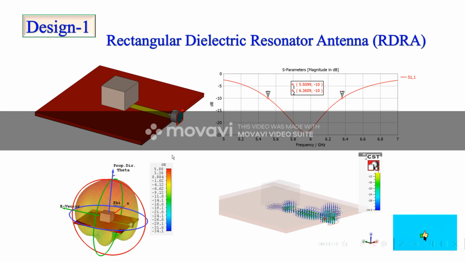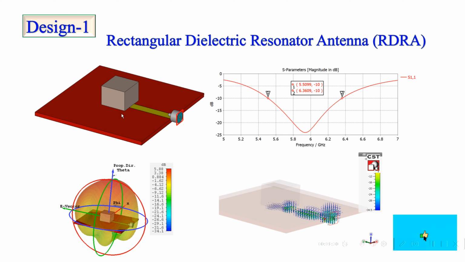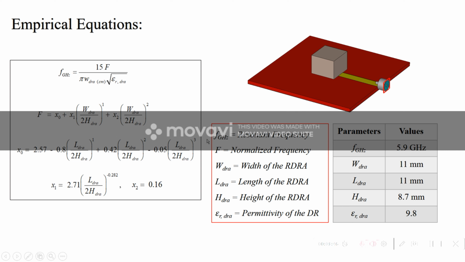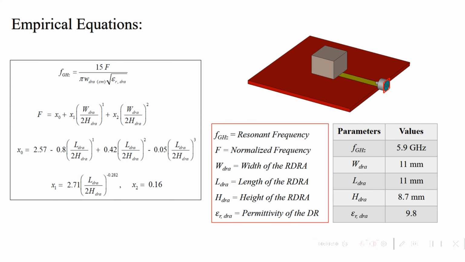Next we will discuss the empirical formula, how to get the dimensions of the rectangular DR, like length, width, height, at a particular resonant frequency. So these are the empirical formulas for RDRA.